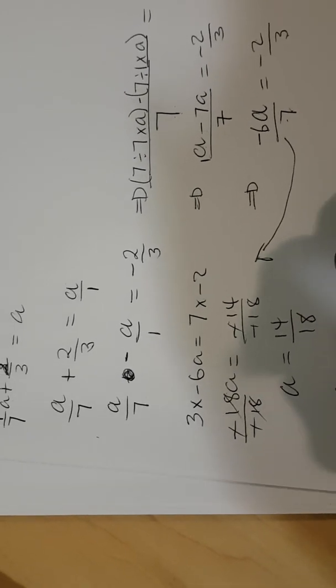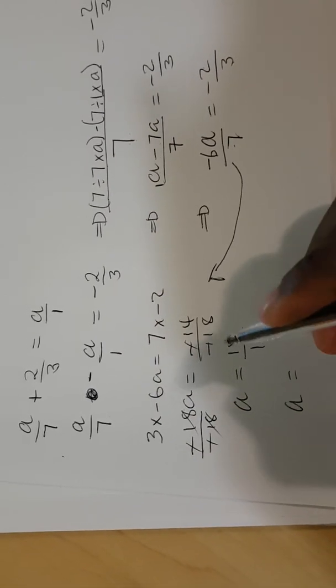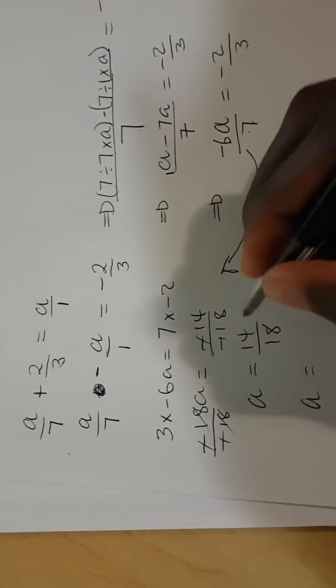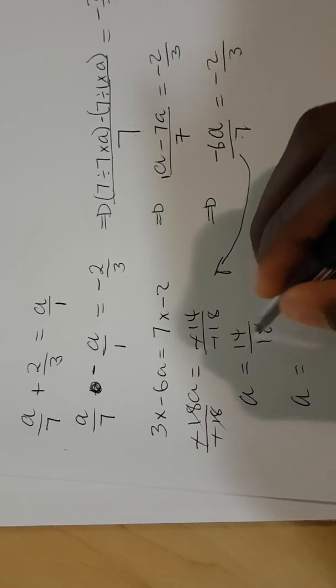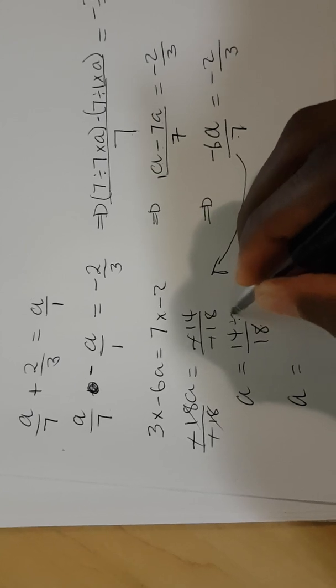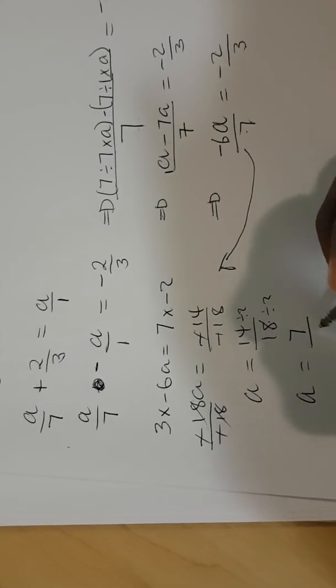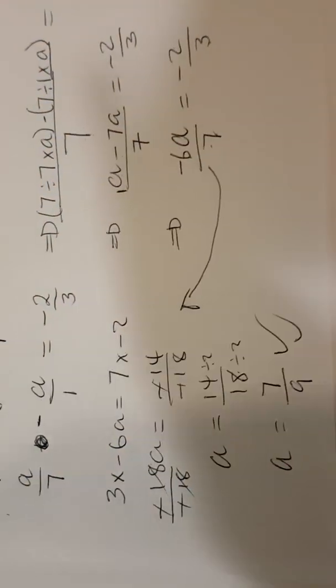And then we use 2 to reduce both 14 and 18, because 2 can divide 14 and 18 without leaving a remainder. So 14 divided by 2, 18 divided by 2, so it's gonna be 7 over 9. Okay, 7 over 9, which is option number 2. So this will be your answer. Thank you.